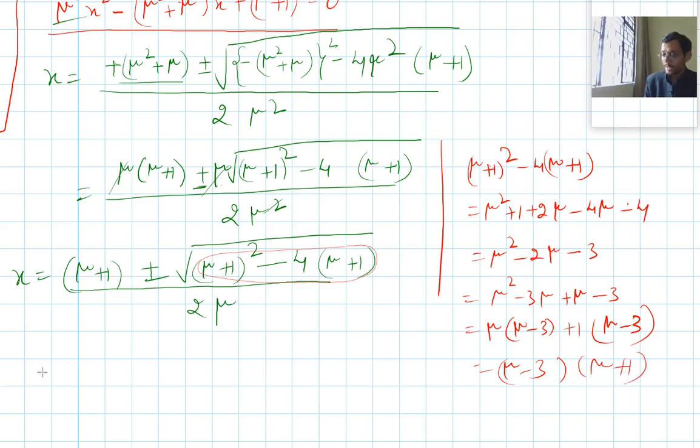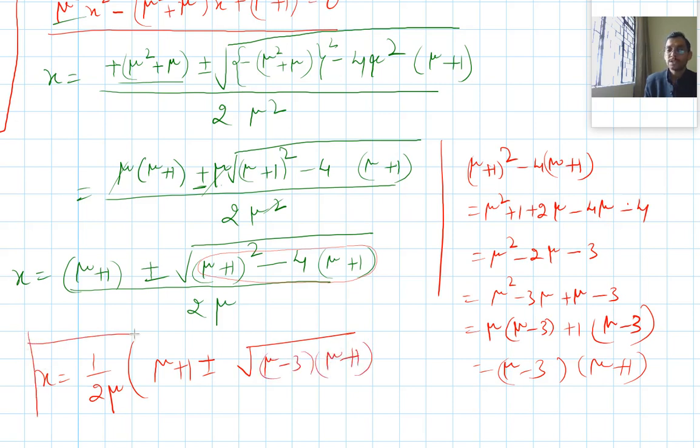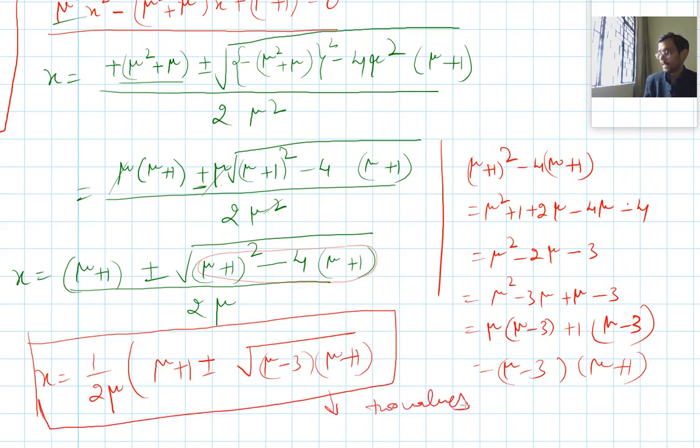So therefore I can write down that x is equal to 1 upon 2 mu, mu plus 1, then plus minus the root of mu minus 3 and mu plus 1. So this is the value of x which we are getting, and it suggests two values, right?